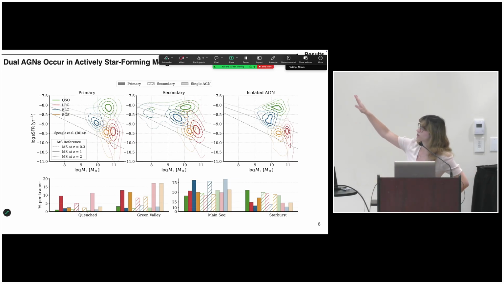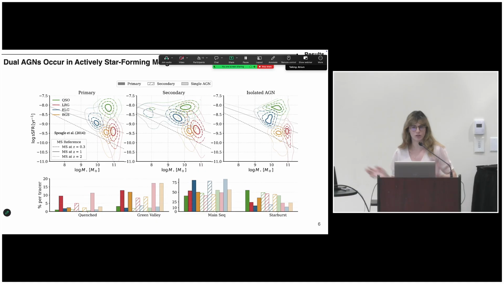These lines correspond to the main sequence at different redshifts, while the below plots show the offset from the main sequence for each host galaxy, and then we group them into these 4 main categories just to make this visualization a little bit easier to read.